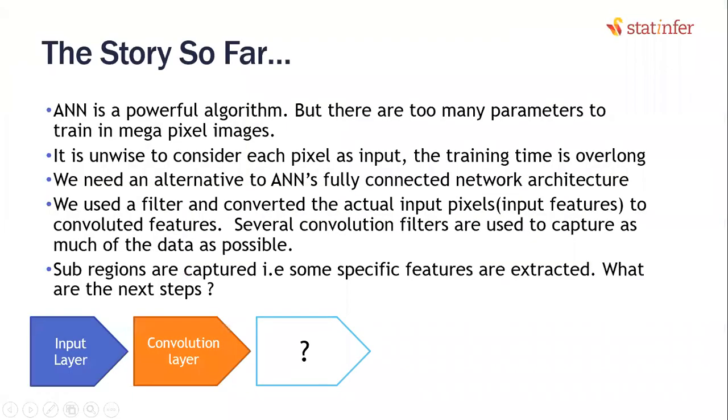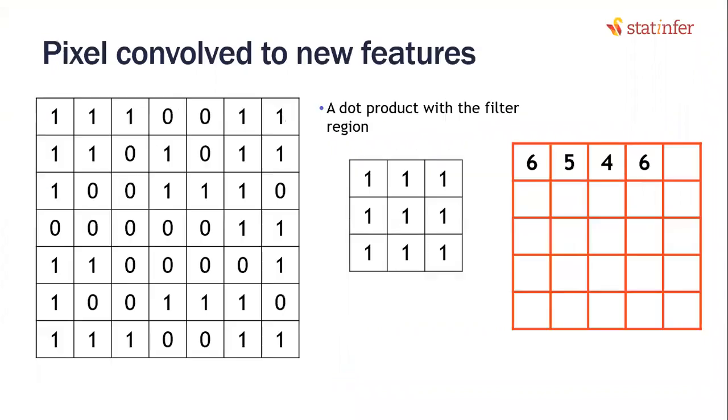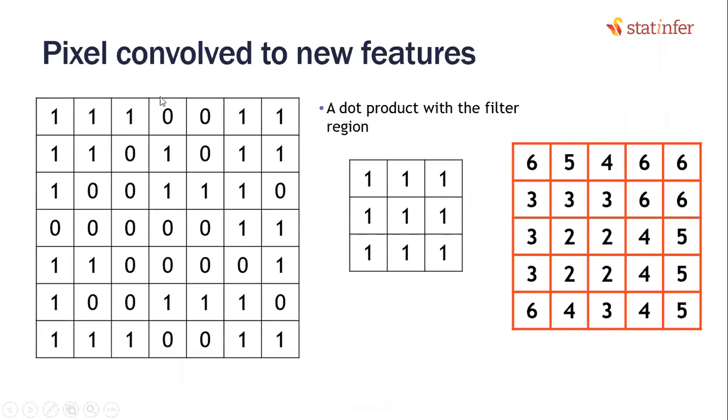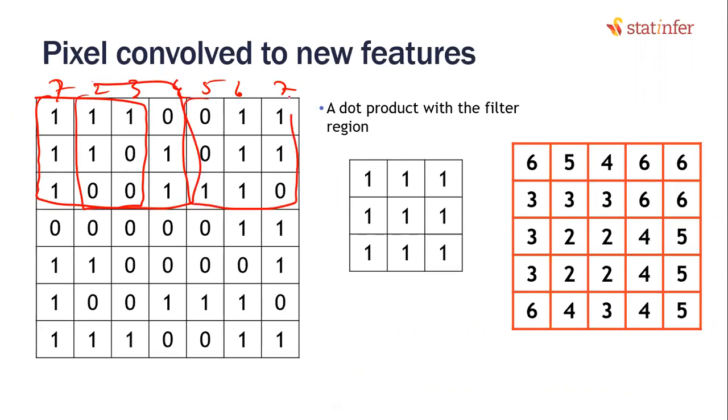In our example, we applied a 3 cross 3 filter on a 7 cross 7 image. The first result will be at position 1, then 2, 3, and so on until here, and then we stop. That means 1 pixel will be lost here and 1 pixel will be lost there.